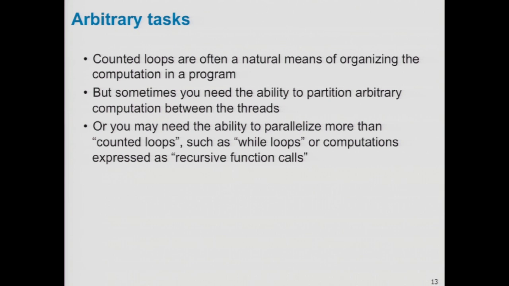But sometimes you don't really have a loop you need to partition across your processors. You've got different blocks of code. Or maybe there's not exactly a counted loop. There might be a while loop. There might be a recursive structure. There might be something else which is sort of your dispatch loop for creating work. And the question is, can OpenMP express those things too?